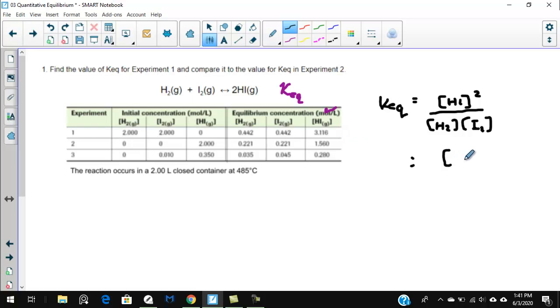So HI is 3.116 moles per liter squared, over the H2, which is 0.442 moles per liter, and the I2 is also 0.442 moles per liter.